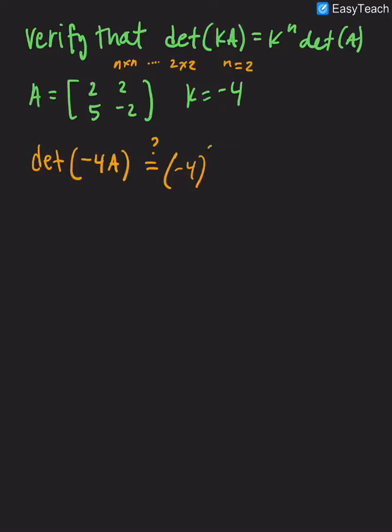So we have -4 to the second power, multiplied by the determinant of A.